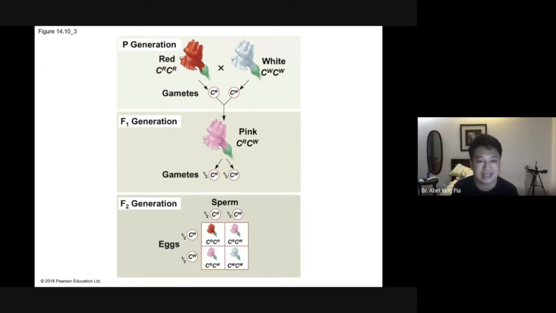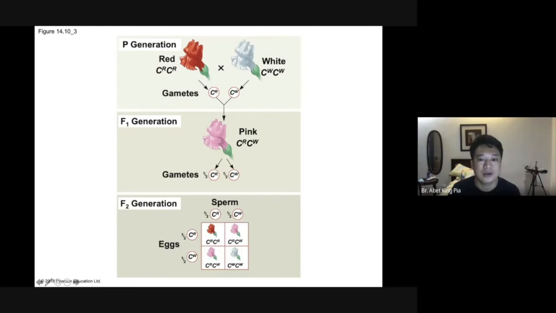But again, sinasabi ko sa inyo ulit, there are some sources na hindi nila ginagamit sa superscript. Okay pa? Yan. Yung exponent na tinatawag. Hindi nila ginawang exponent yung mga gamits.